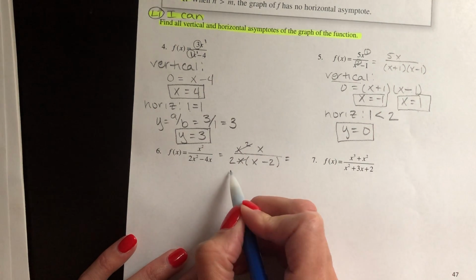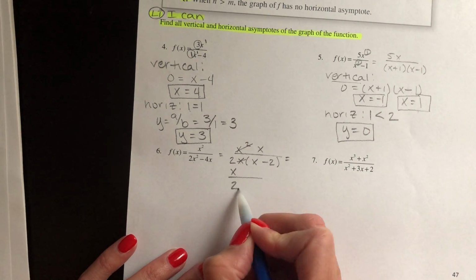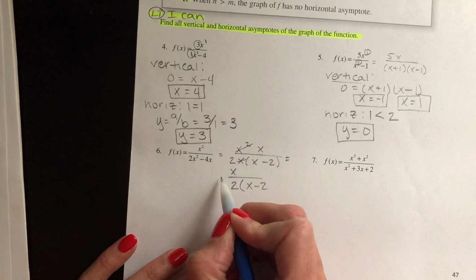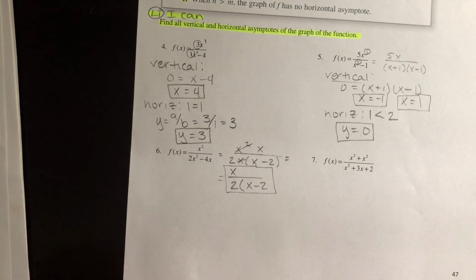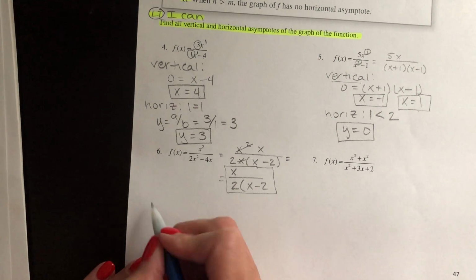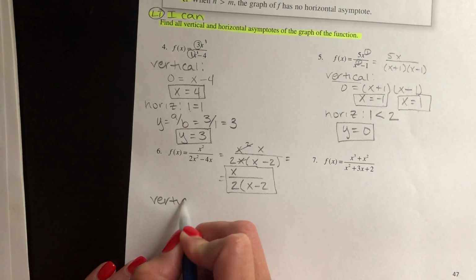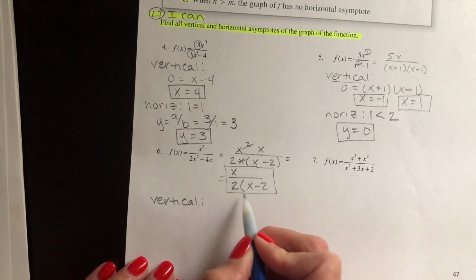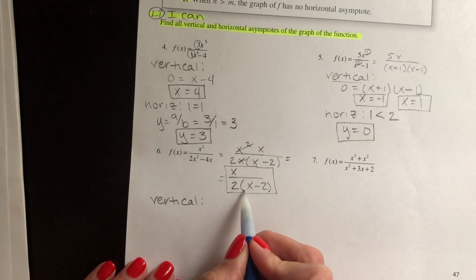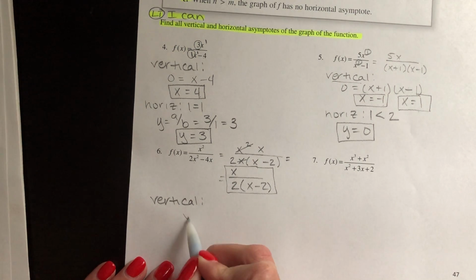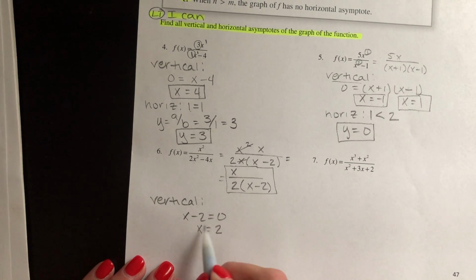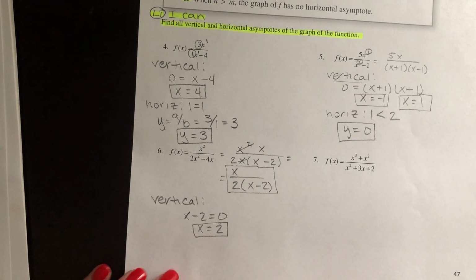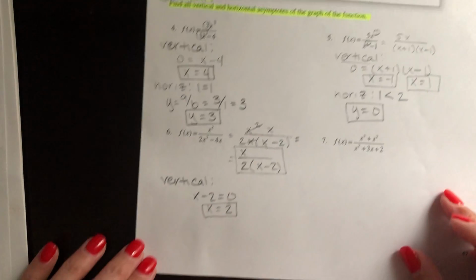So that becomes x over 2 times x minus 2. So using that, we're going to find our vertical asymptote. So x minus 2 is what we're setting equal to 0. So x equals 2 is my vertical asymptote.